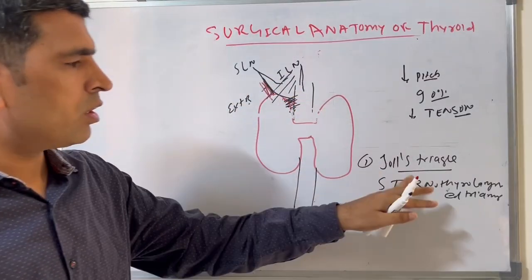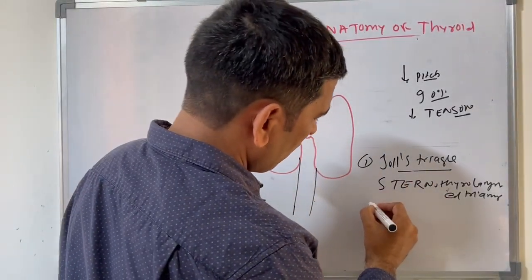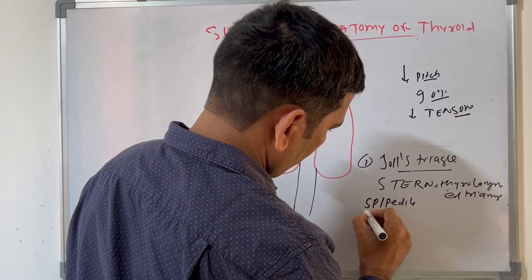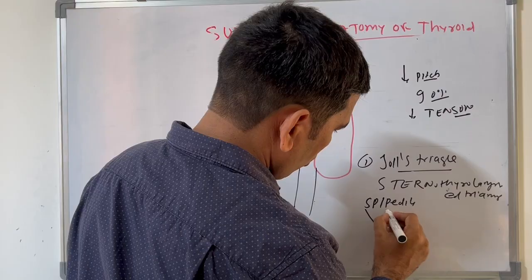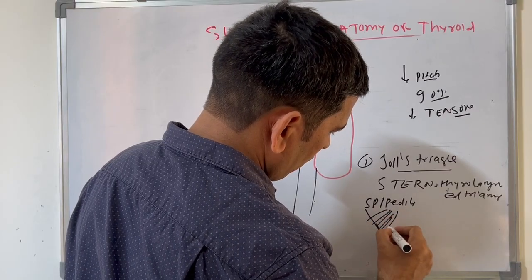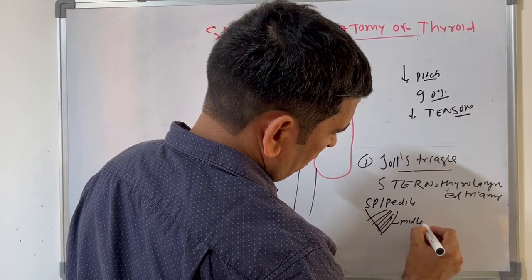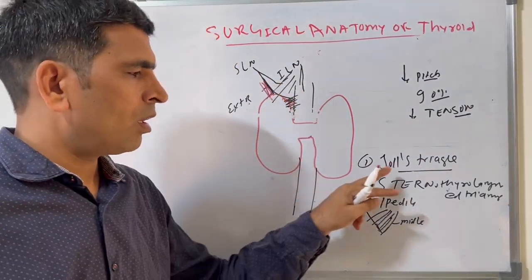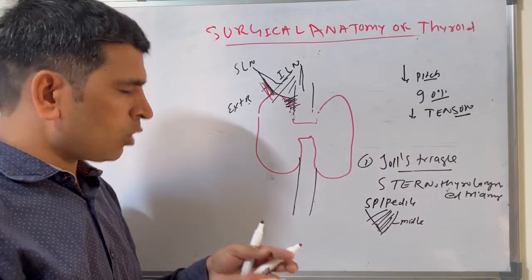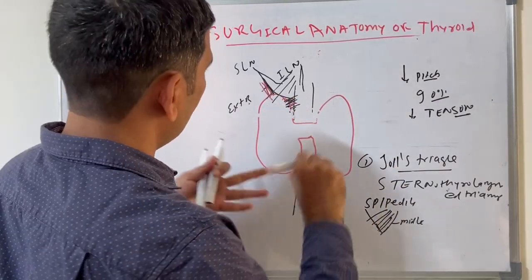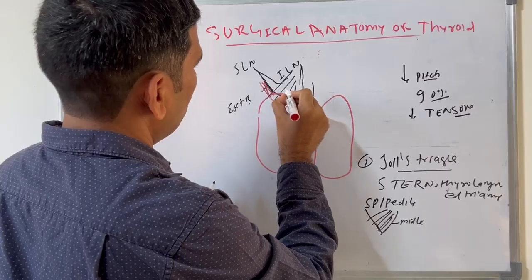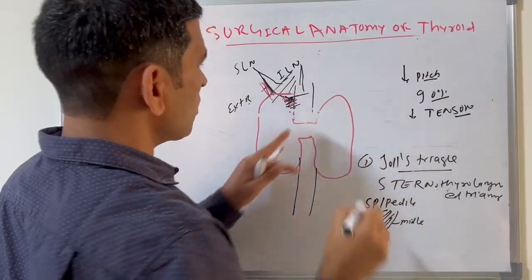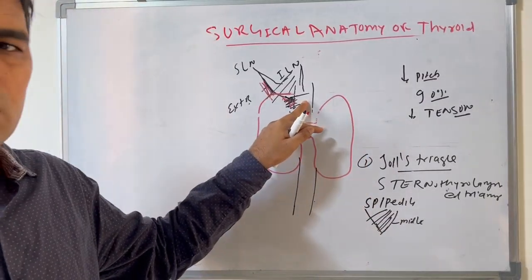This triangle is called Jones triangle. The content of this Jones triangle is this nerve, whose floor is formed by the cricothyroid muscle.